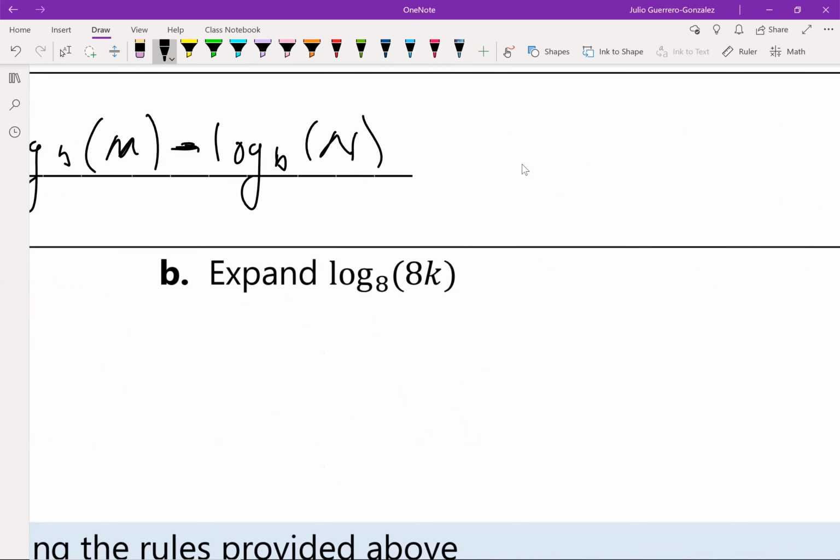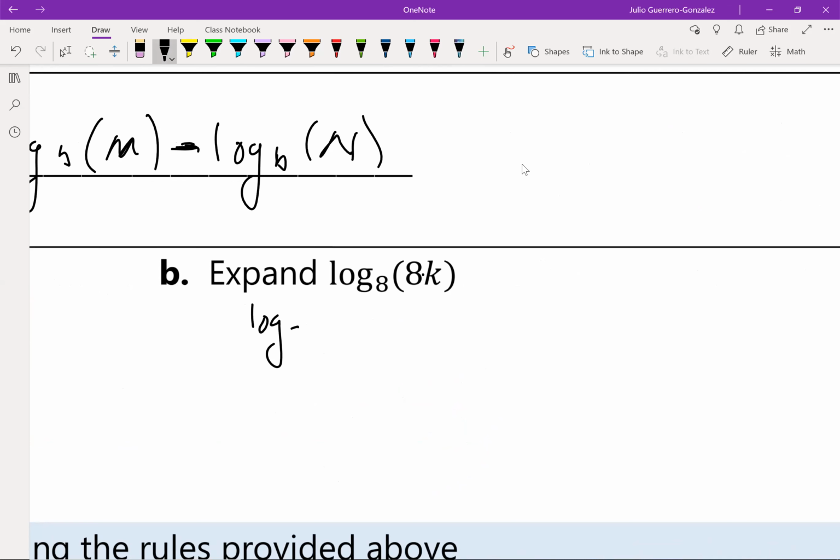This one's a little easier. This one's just one multiplication, right? So what does this one reduce to? Would it be log base 8 of 8 plus log base 8 of k?